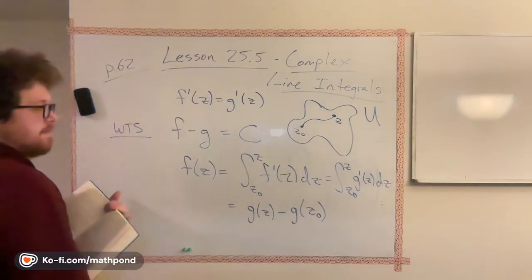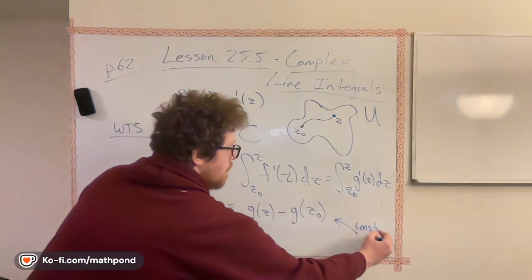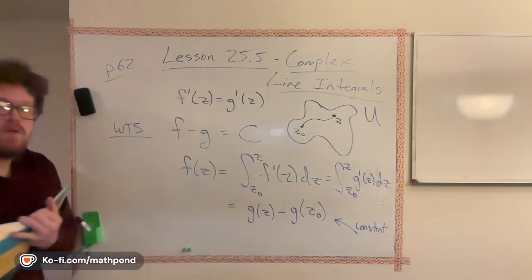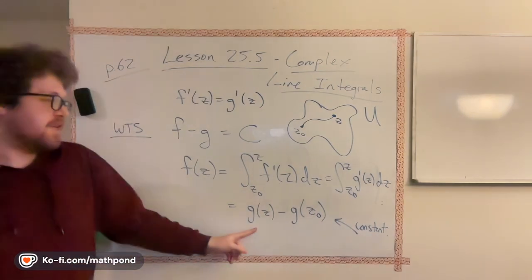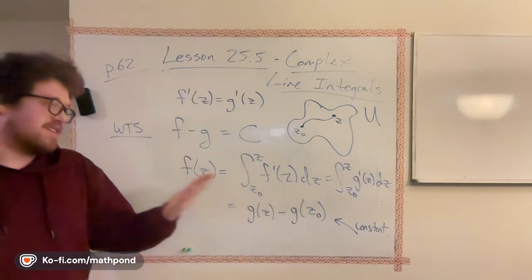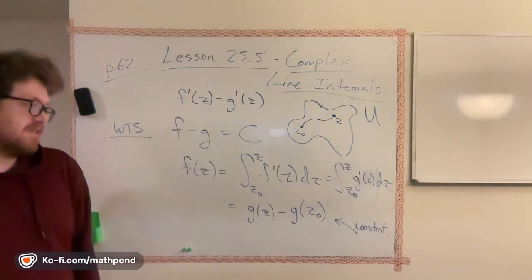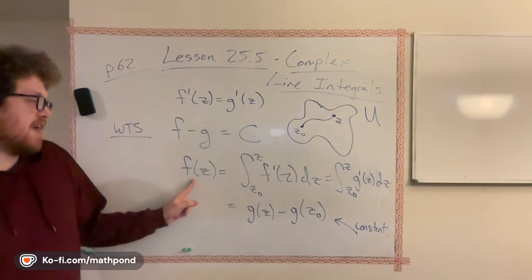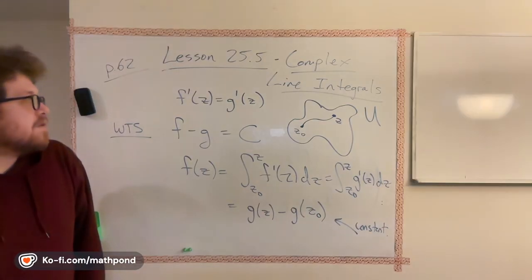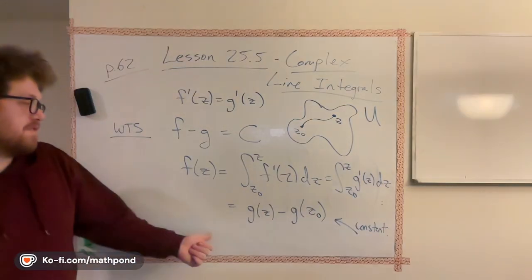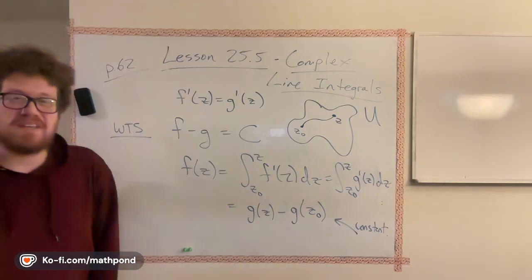And this is a constant. So f is equal to g minus a constant, or plus a constant. Doesn't really matter, we can rearrange things. The point here is that f minus g is equal to a constant. So f is equal to g plus some constant, in this case a minus constant.